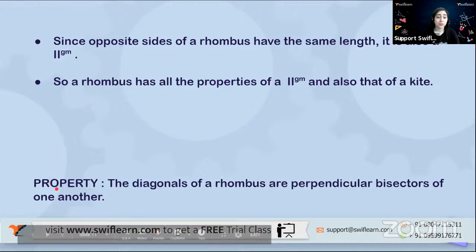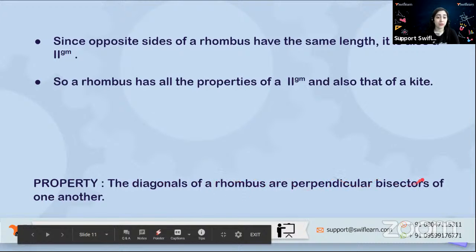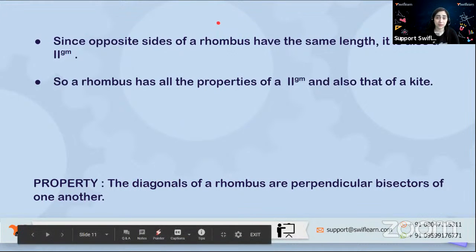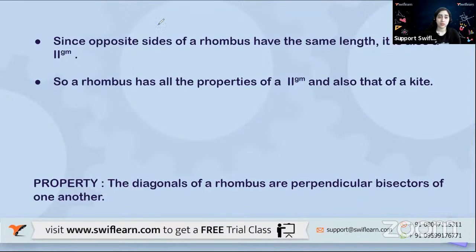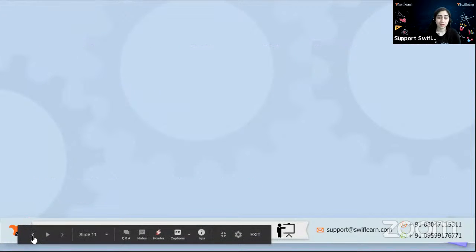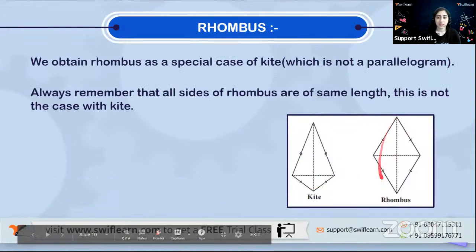Okay. Another property is that the diagonals of the rhombus are perpendicular bisectors of one another. You know what a rhombus is and what a diagonal is, right? Let me tell you what I want to say with this property. There's a picture already made there. So this is a rhombus.